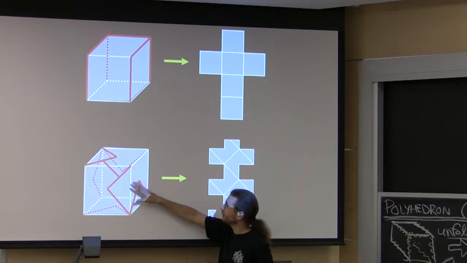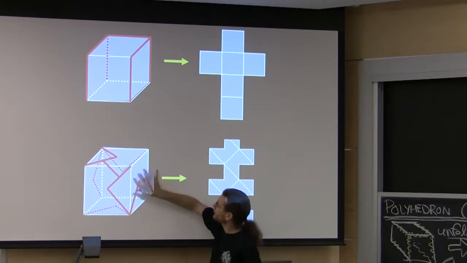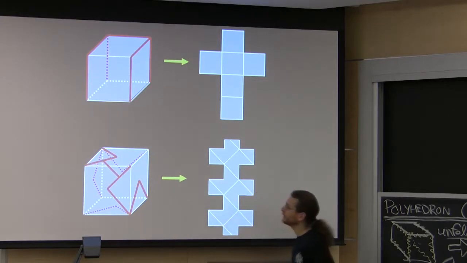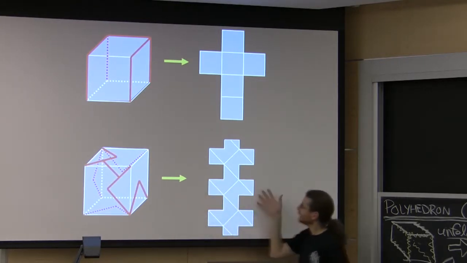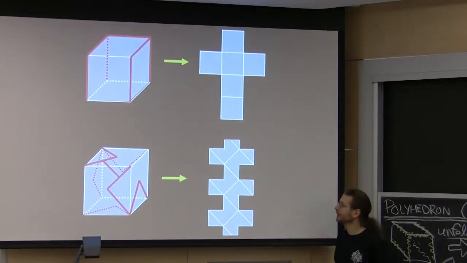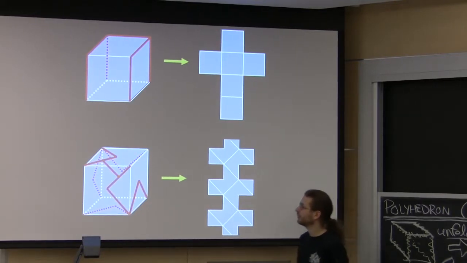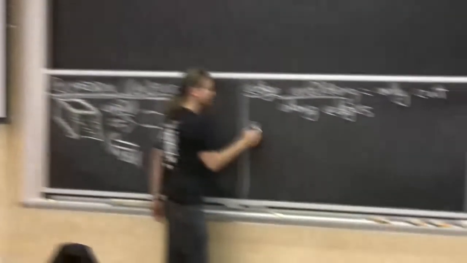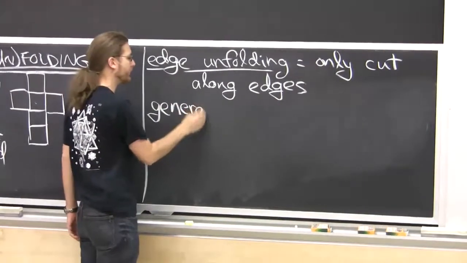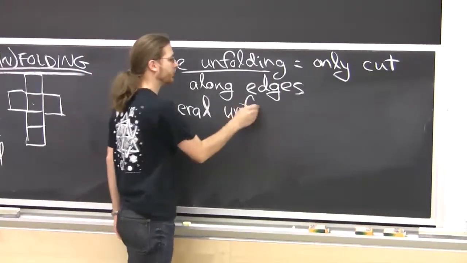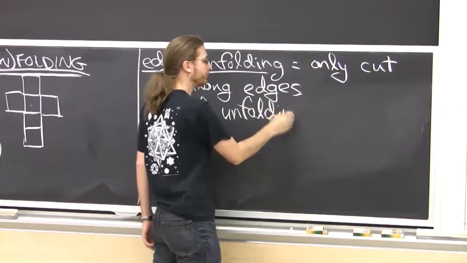And this is an example where the solid red lines are cutting on what you see, and the dotted red lines were cutting on the backside. And when you unfold that thing, you get this sort of stoplight polygon. And this is what we call a general unfolding, or just unfolding. There you can cut anywhere. In both cases, we want one piece, no overlap.